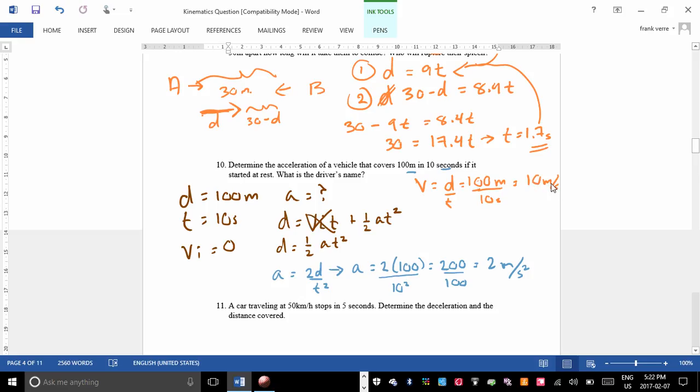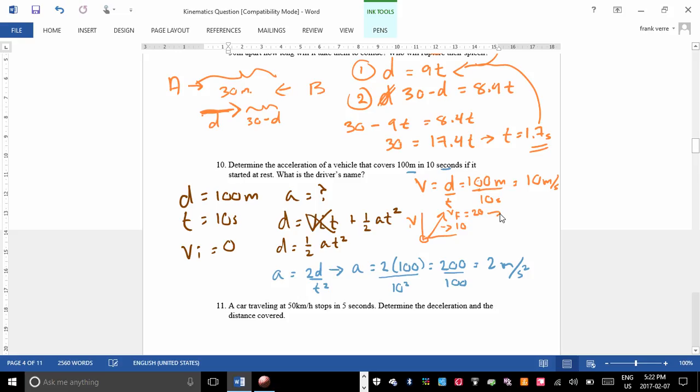But that's the average speed. If a vehicle is starting at rest, then that would be the average of 0 and some value. So the midpoint is 10. The final speed then has to be 20, because 10 is the average of 0 and 20.